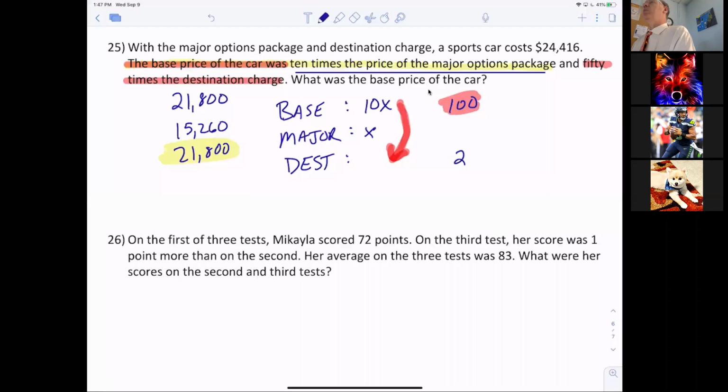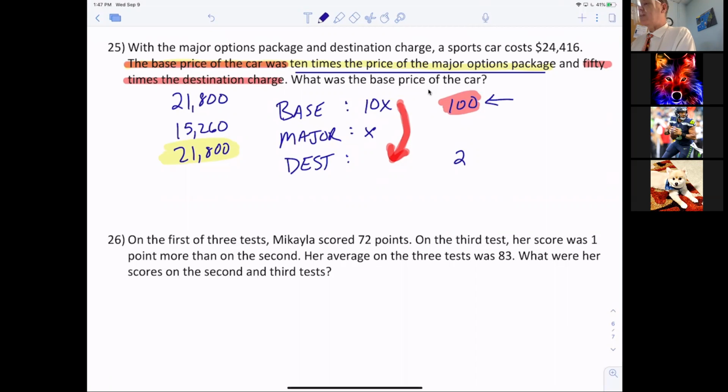Does anybody have any issues with that? So I'm telling you that the base cost is $100. What would the destination charge be? It would be 2, because I don't multiply 100 by 50. What do I do with the 100 and the 50, Jackson? Divide it.